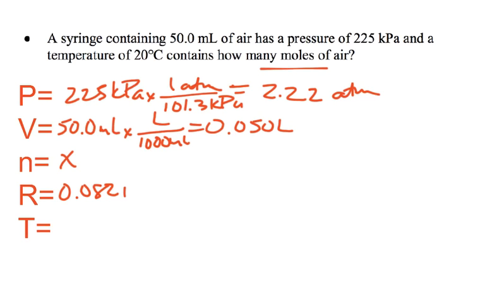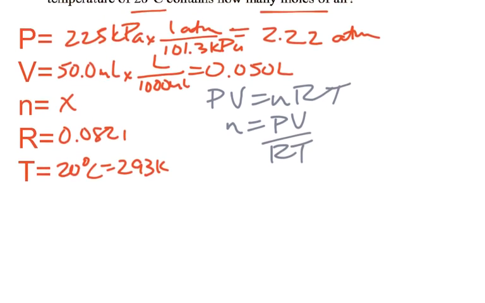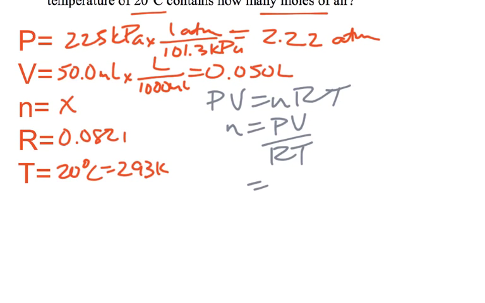R, we know this is 0.0821 liter atmospheres per mole Kelvin. And the temperature is 20 degrees, which we immediately changed to 293 Kelvin. So again, I'm looking for moles. So like we did before, PV equals nRT. n is equal to PV over RT. And now I'm going to substitute in.